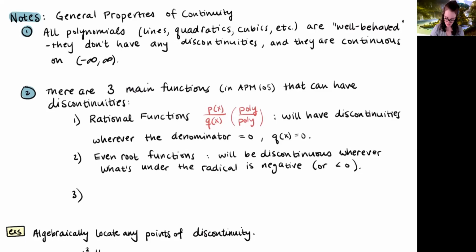And the last one is piecewise functions. These are the ones that have 2 or more functions that are different for different parts of their domain. So these could have a break where the functions switch.